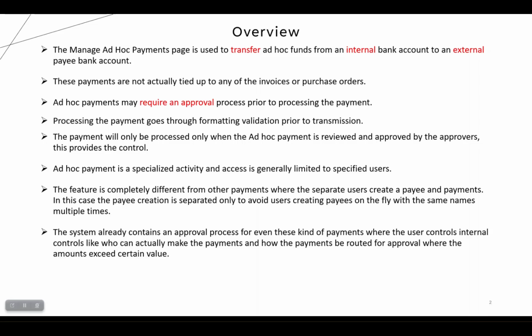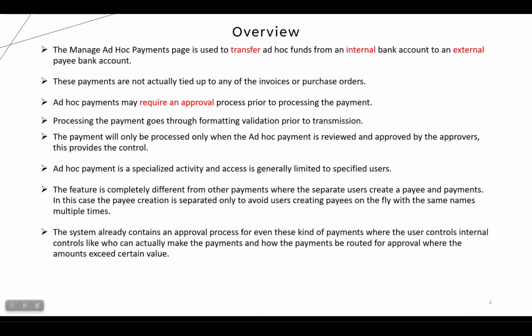The system already contains an approval process for this kind of payment, where the user controls internal controls like who can make a payment and how the payment is routed for approvals when the amount exceeds certain values. Again, there is BPM approval for ad hoc and for PAT bank account transfers.